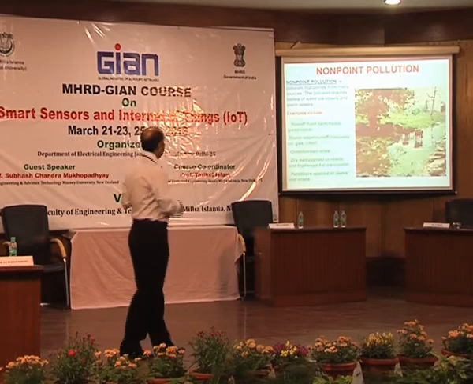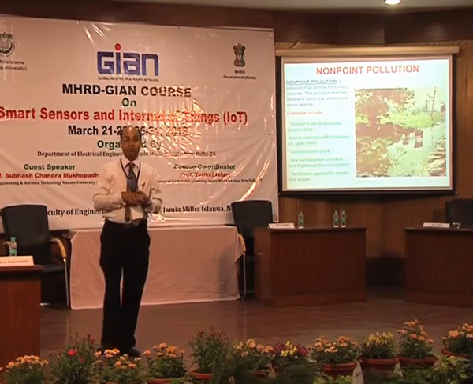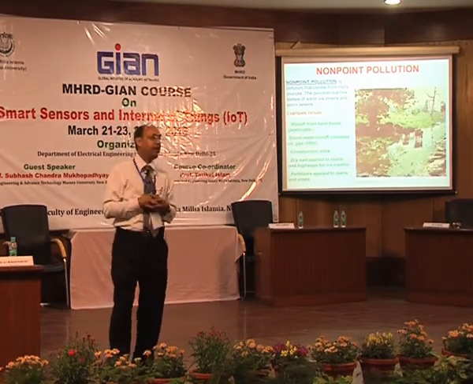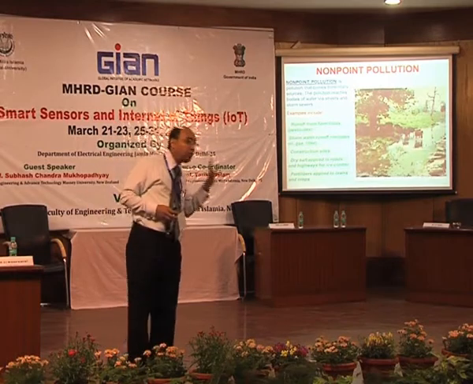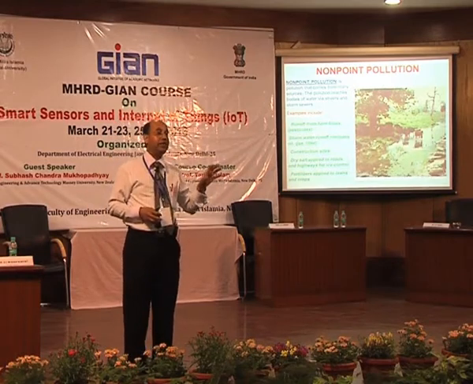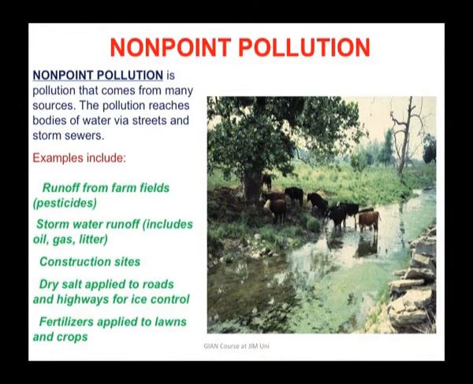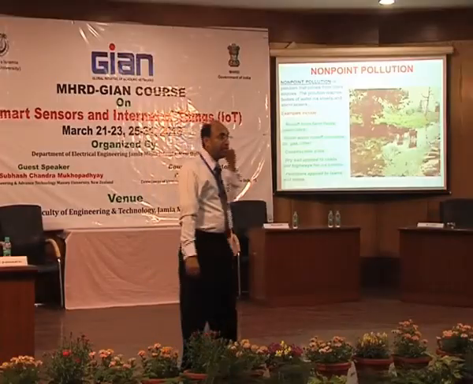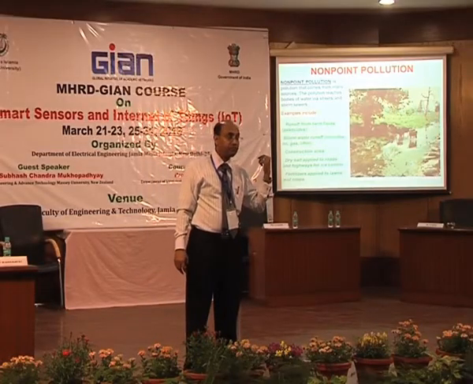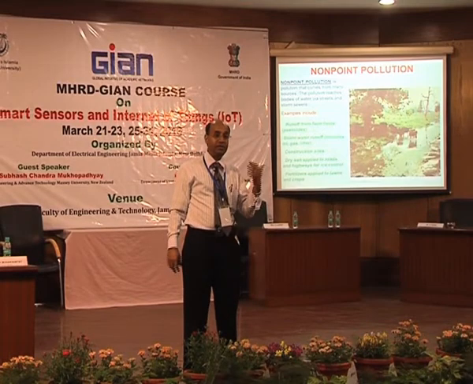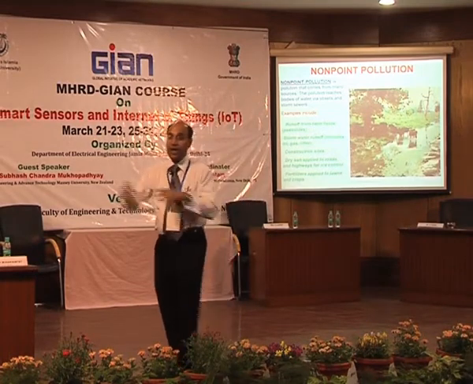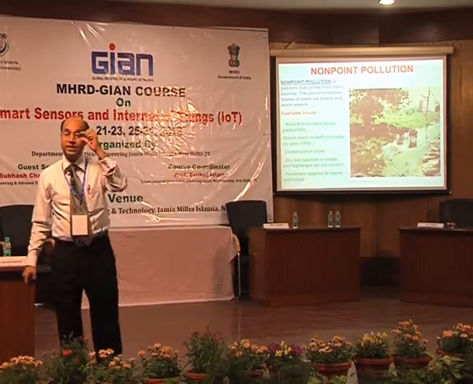But if it is non-point pollution, which is very difficult to control, because non-point pollution is basically coming from natural calamity. Think of when you have a huge amount of rain, like the way it happened in Chennai in December, January, because I was thinking of coming, I had to postpone my trip for a few months.